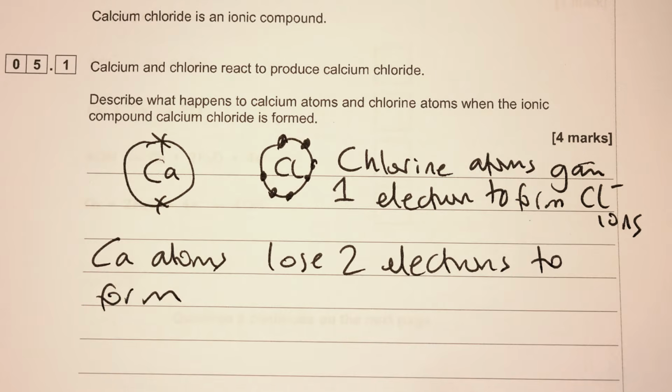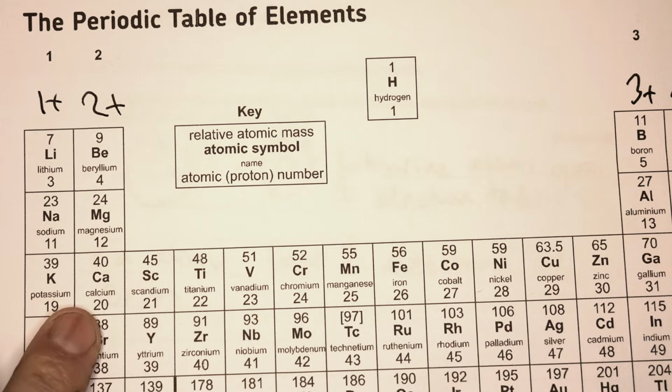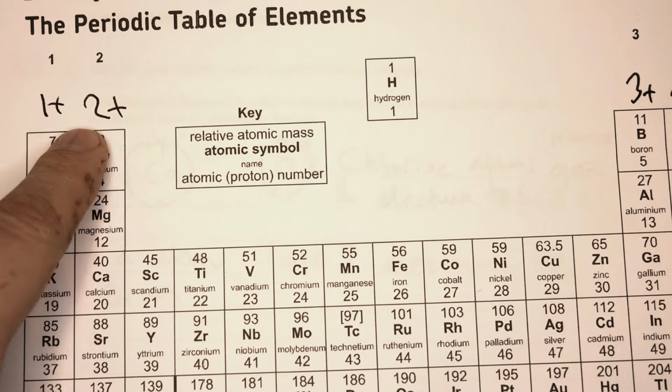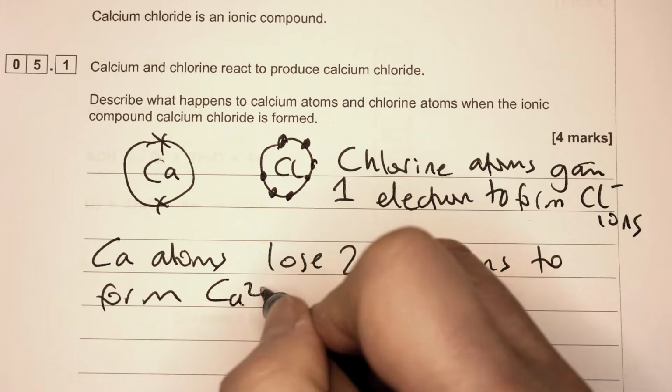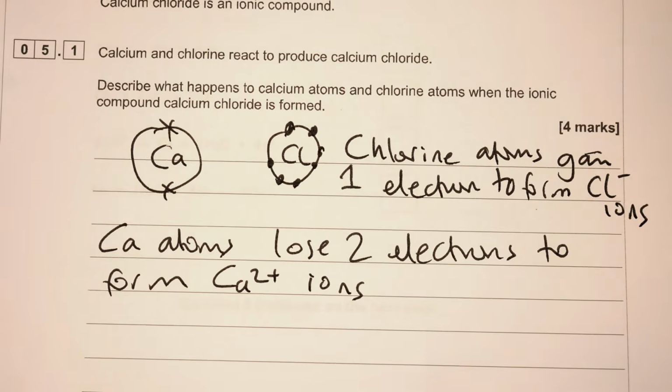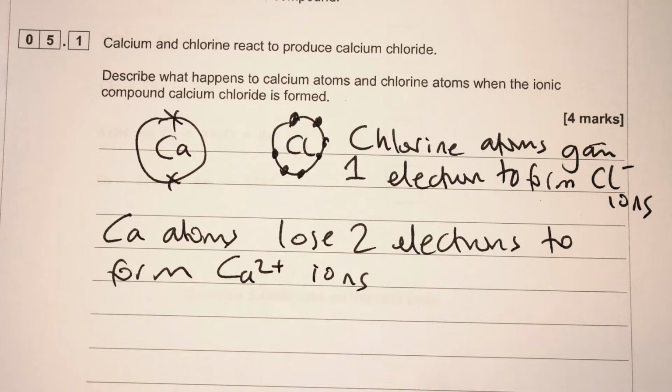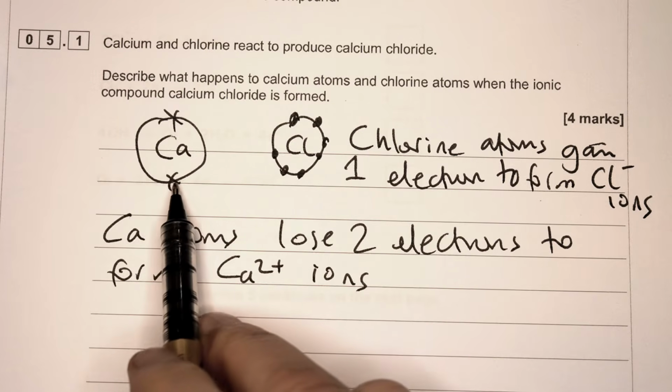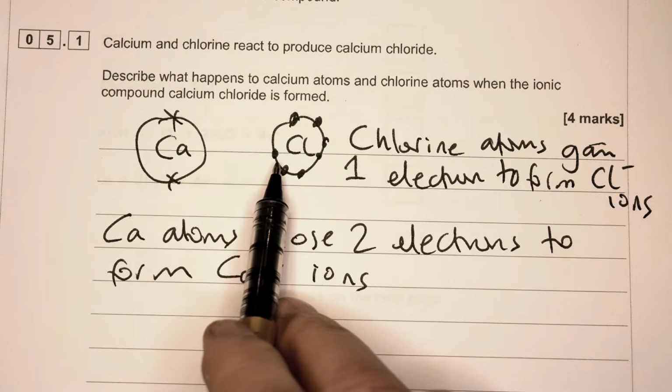So let's have a look where calcium is. Calcium is in group 2, and we now know that's going to make 2+ ions, Ca2+ ions. And the last mark, which is the one that's more challenging, is to explain how this is going to work, because calcium needs to lose 2 electrons, chlorine needs to gain 1.